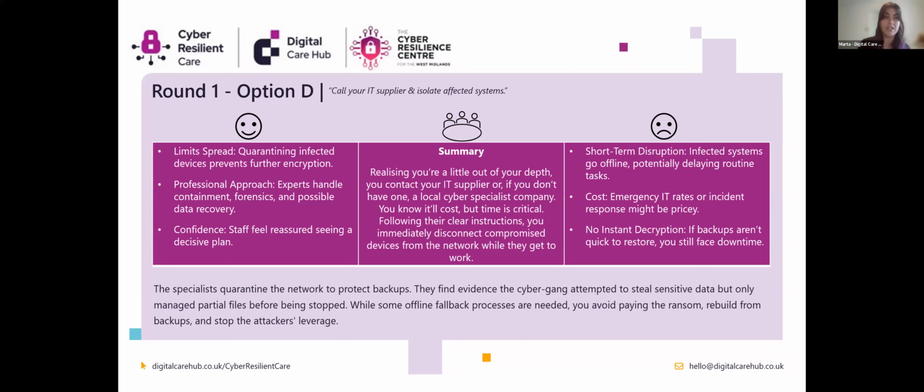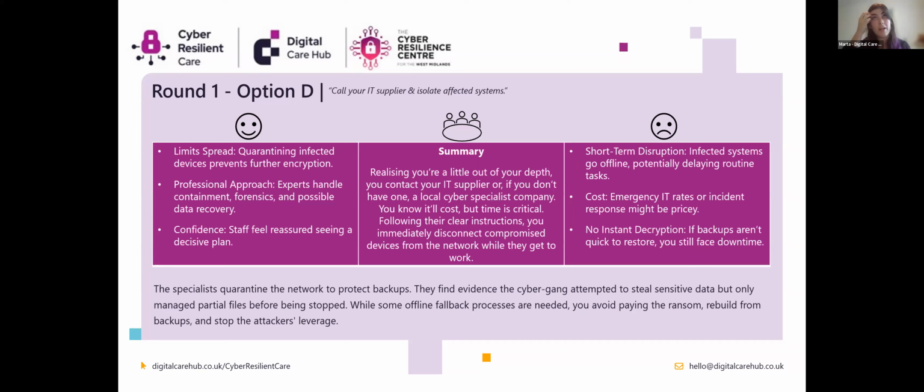So in this situation, the specialists quarantine the networks, as we said, to protect the backups. They find evidence the cyber gang attempted to steal sensitive data, but only managed partial files before being stopped. While some offline fallback processes are needed, you avoid paying the ransom, rebuild from backups, and stop the attack's leverage.